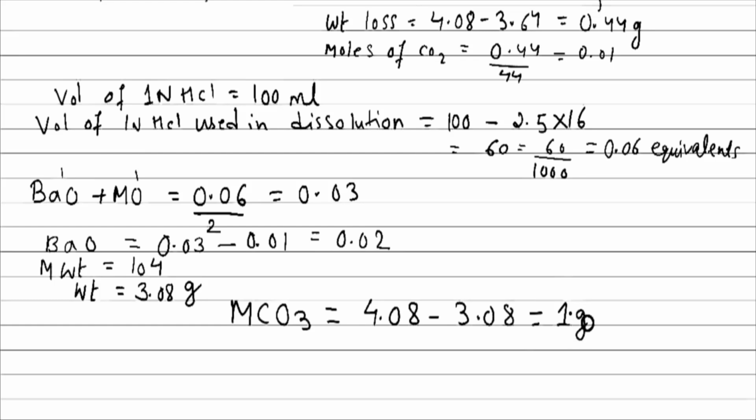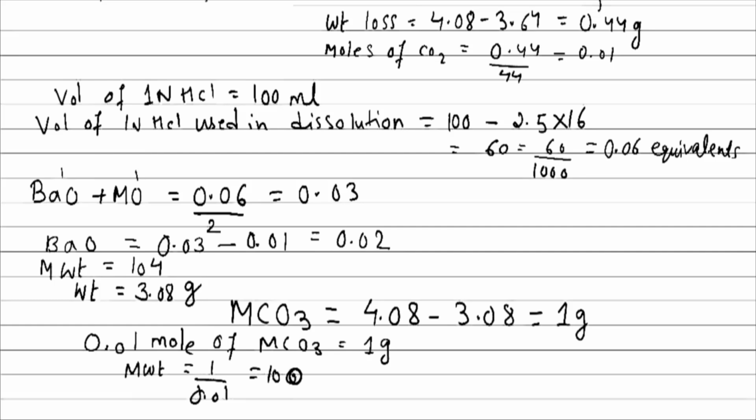That is 1 gram. Now 0.01 mole of MCO3 is equal to 1 gram. So let's find the molecular weight, which will be 1 by 0.01, that is 100.